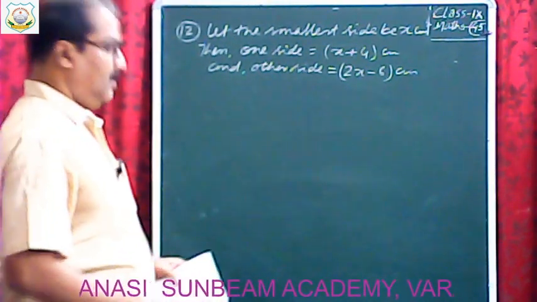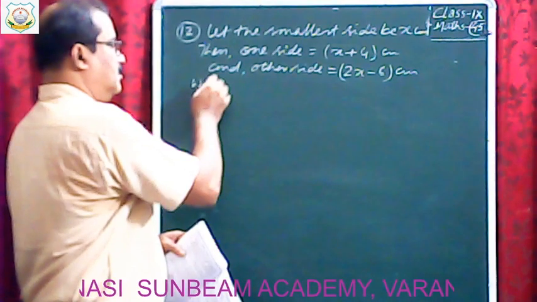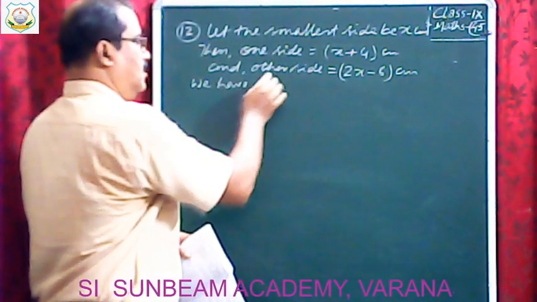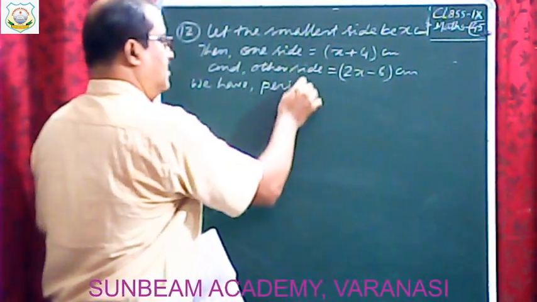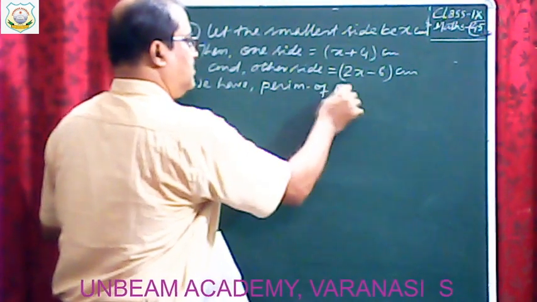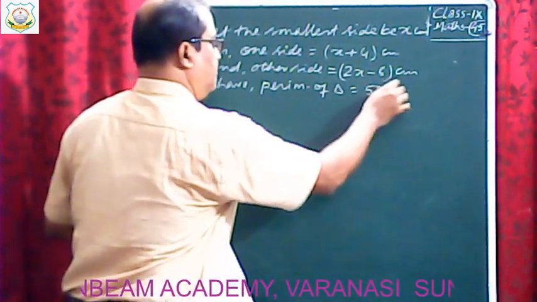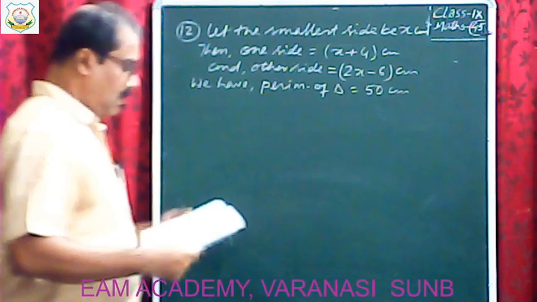Okay, we have the perimeter of the triangle, that is 50 centimeter.